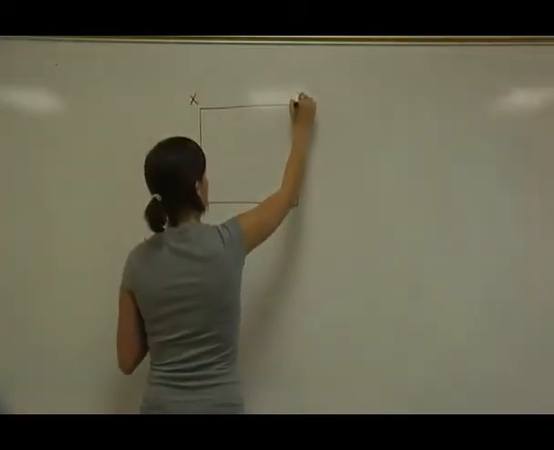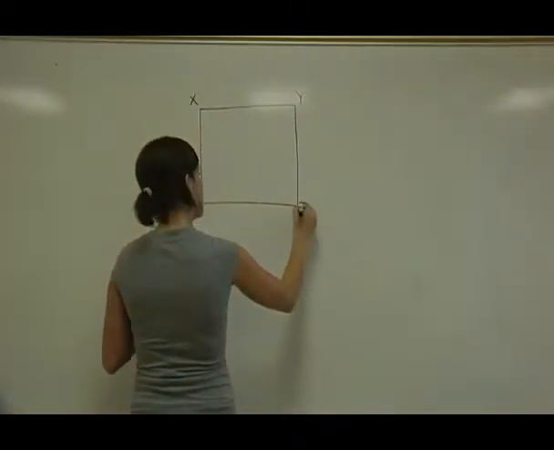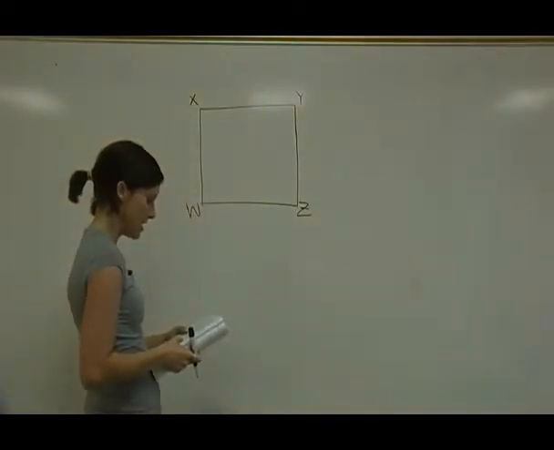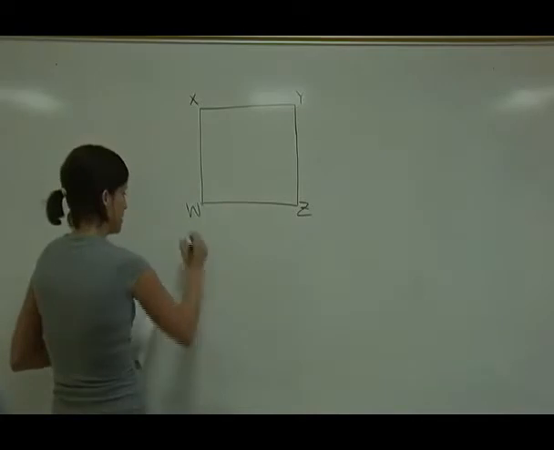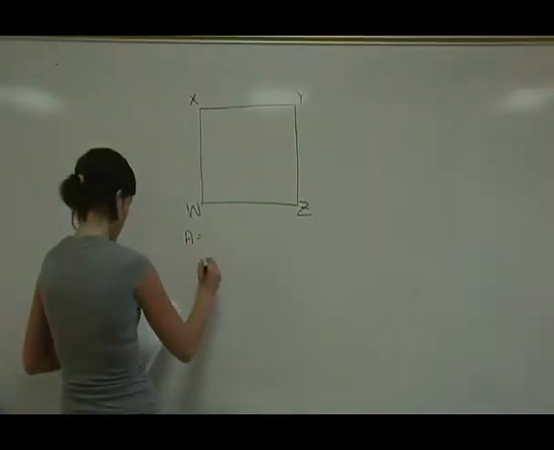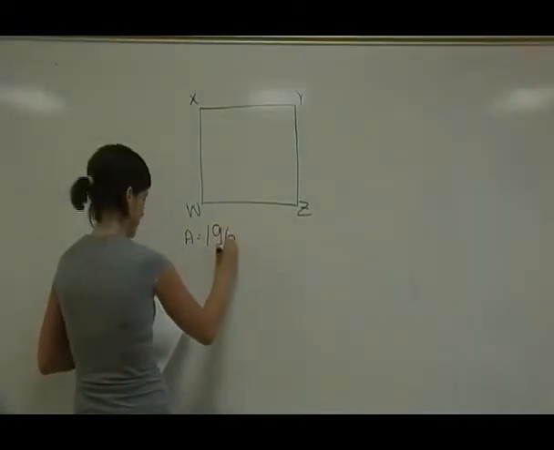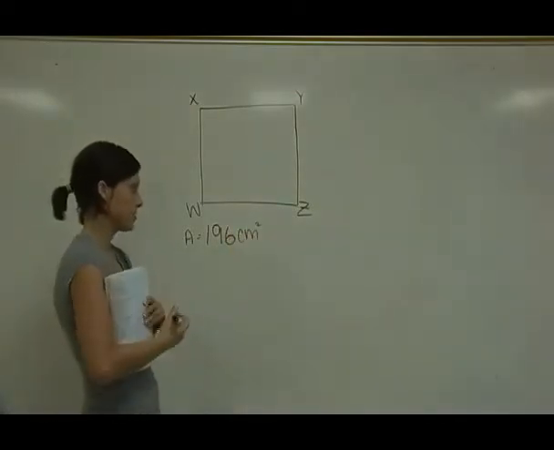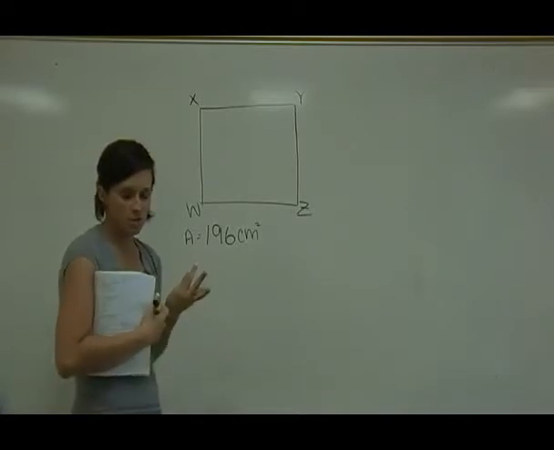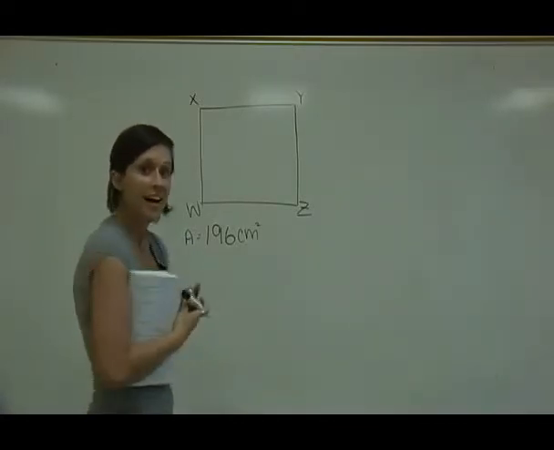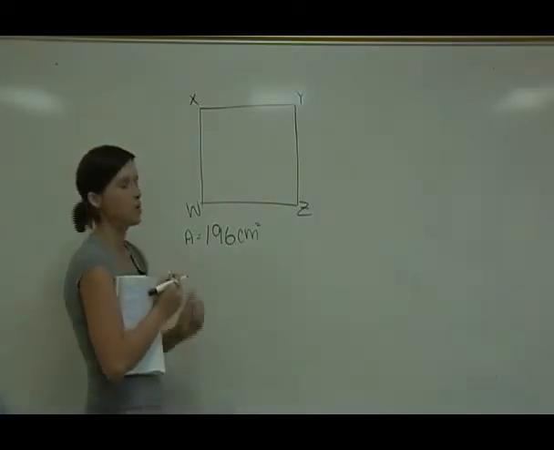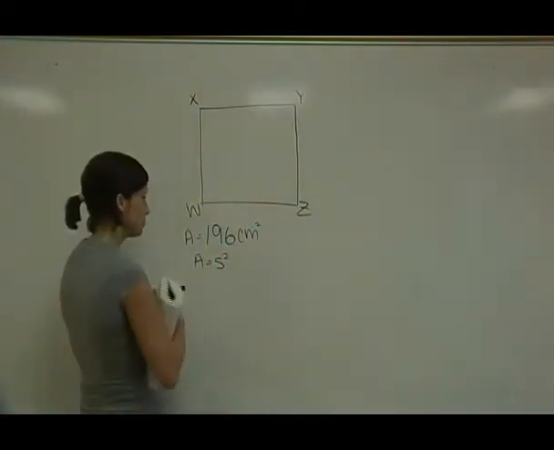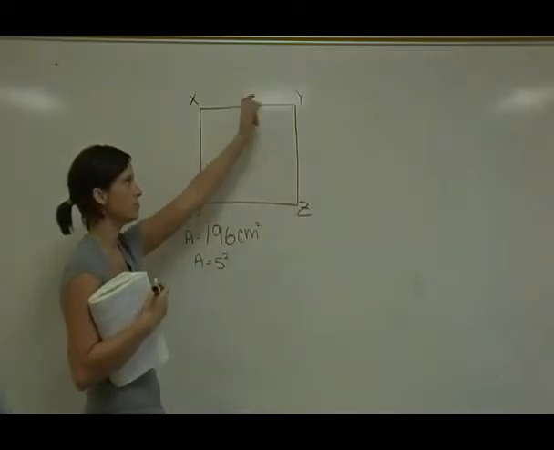X, Y, Z, and W. Okay, so that's saying that the area of the square equals 196 centimeters squared. Now let's reference our formula sheet, which is on page 896 again, so that you can know what the area of a square would equal. Area of a square is sides squared, since all sides are equal.